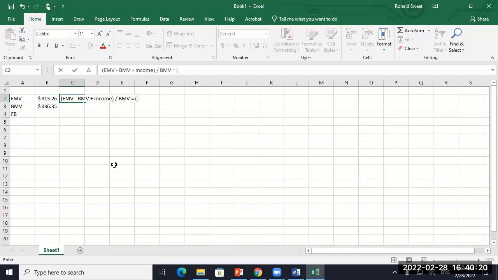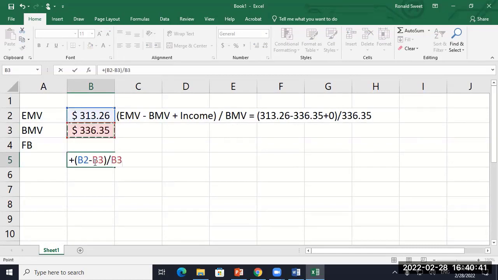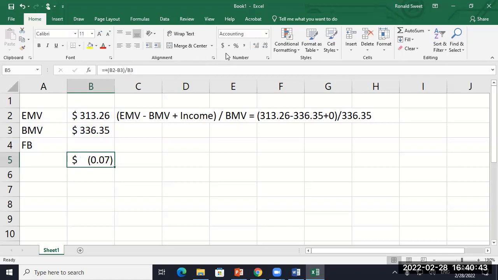So that's going to equal 313.26 minus 336.35 plus 0, divided by 336.35. So they fell 7%, and their investors are going, wow, January is bad. And you're thinking, yeah, just wait. It hasn't done anything yet.